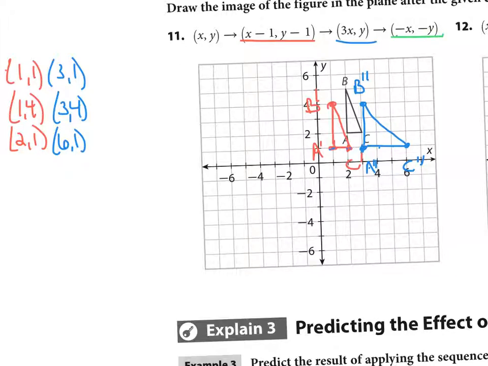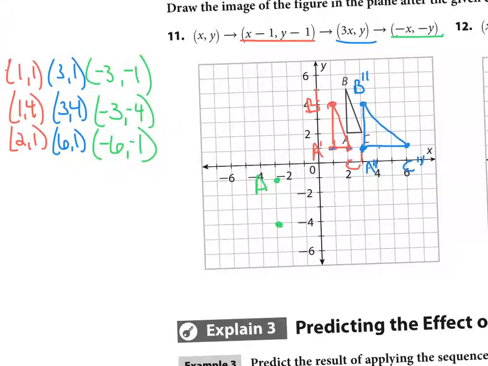And then our last transformation is opposite x, opposite y. When I plot those points, there's my A, and then 3, 4 is my B, and this is my third one, and C is -6, -1.